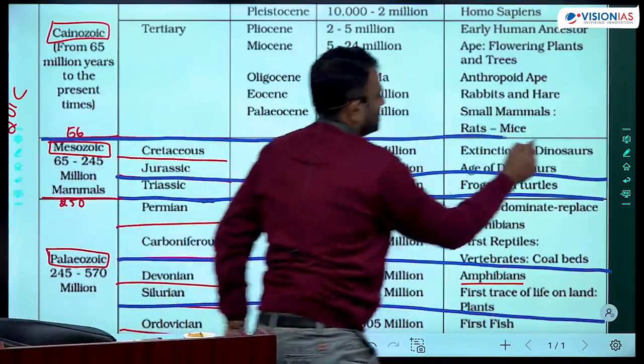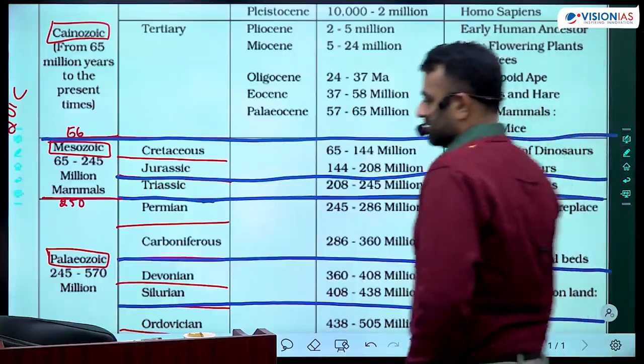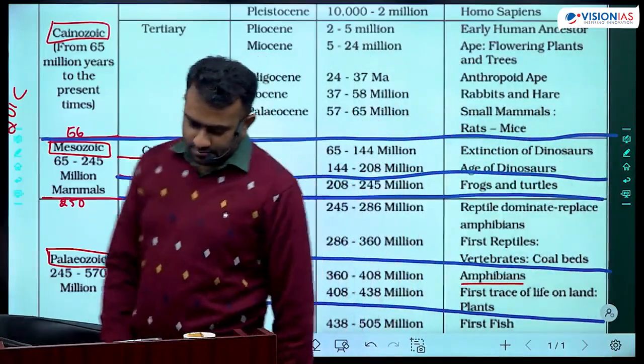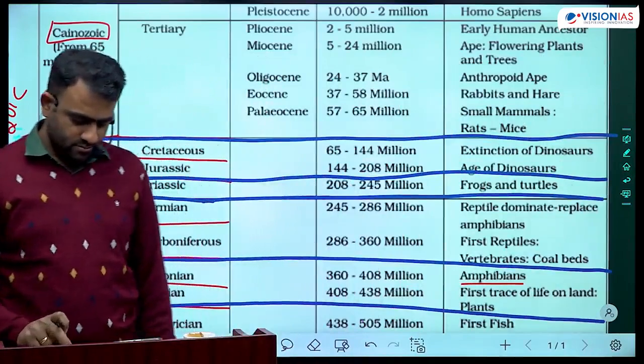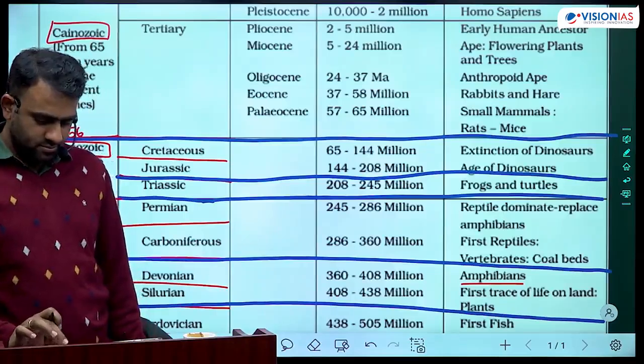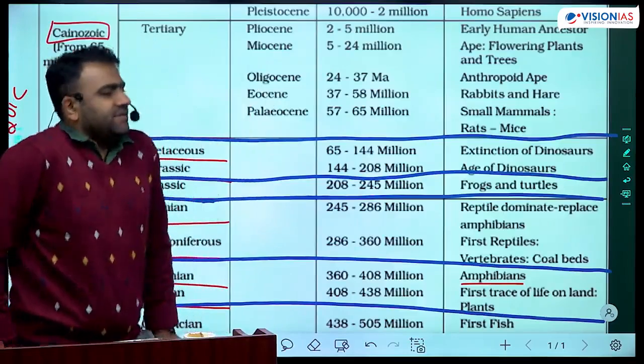The end of Cretaceous is the fifth mass extinction. Now, life on the earth is very, very accidental.